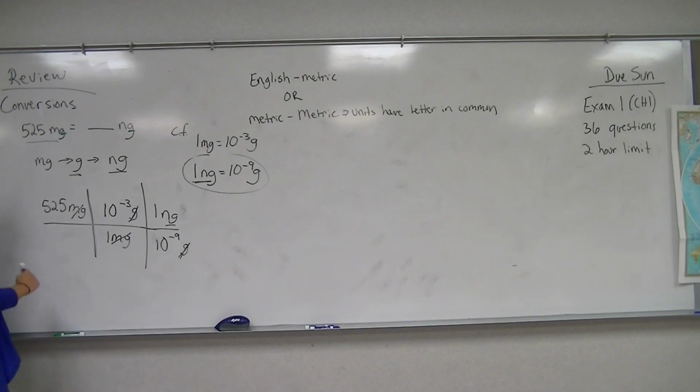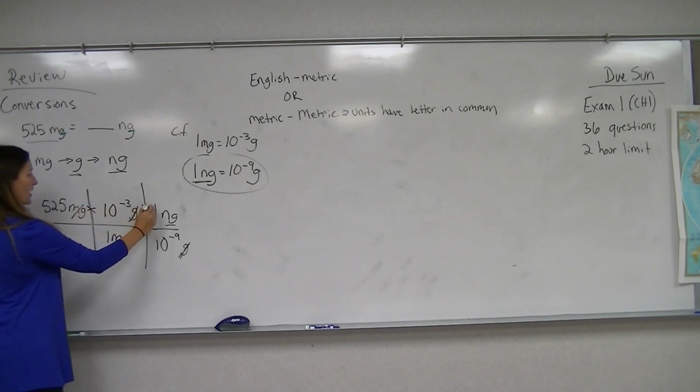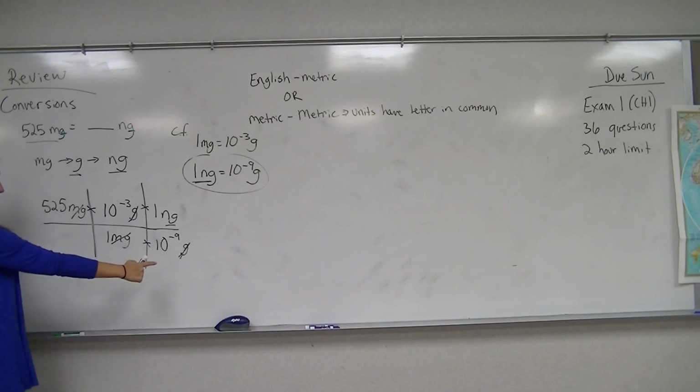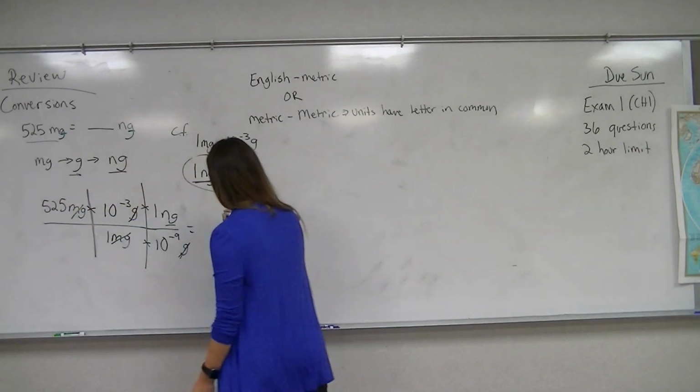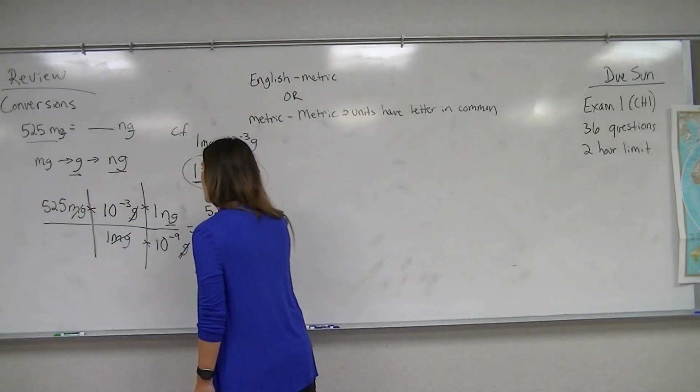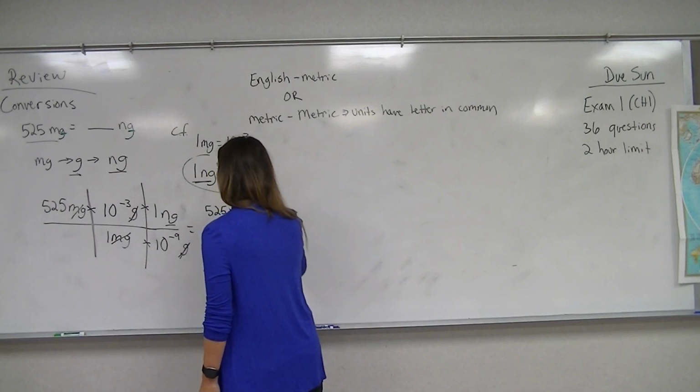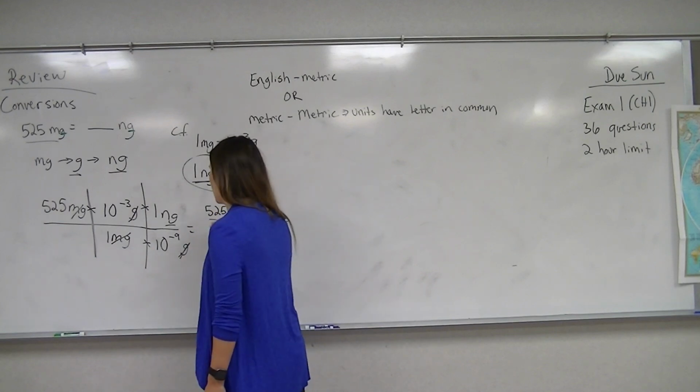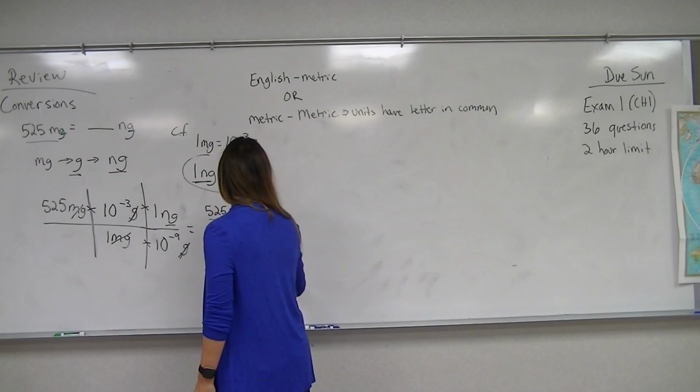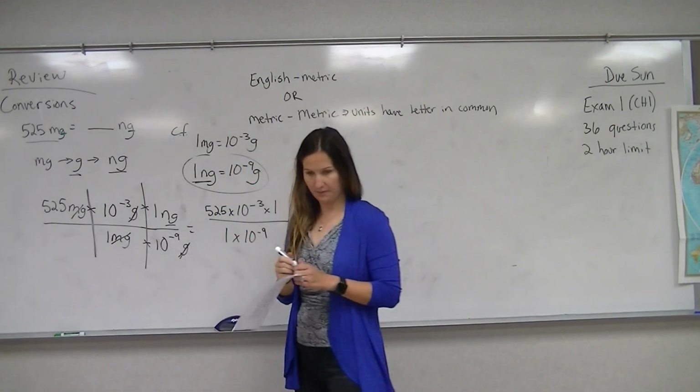Okay, so now we calculate. Remember, we multiply across and divide by what's on the bottom. So we have 525 times 10 to the negative third times 1, divided by 1 times 10 to the negative 9th.